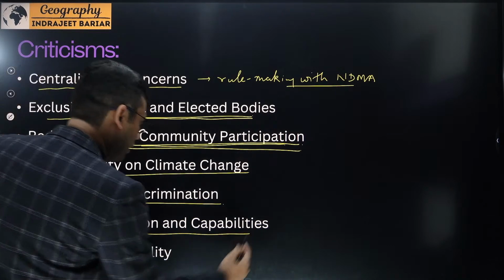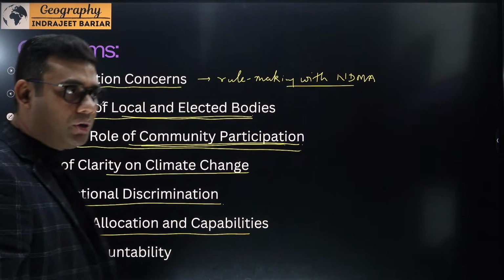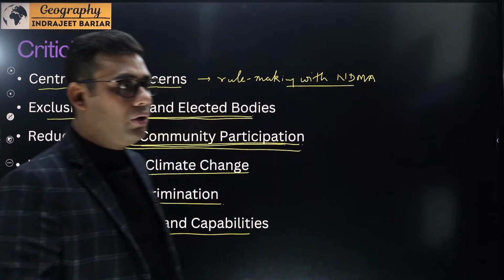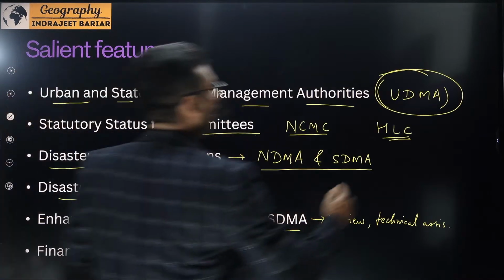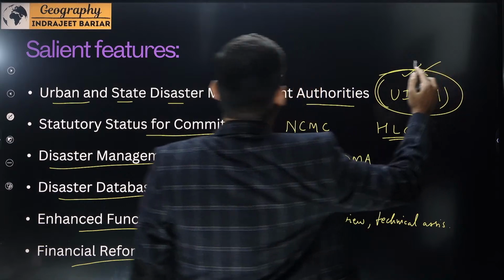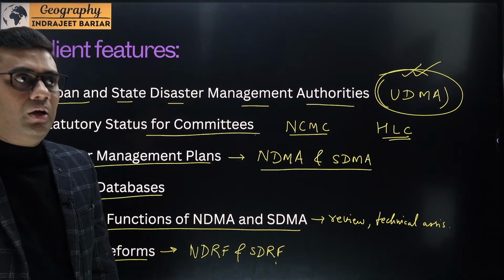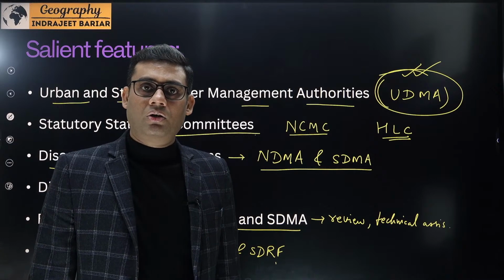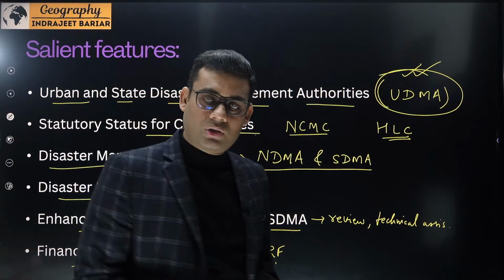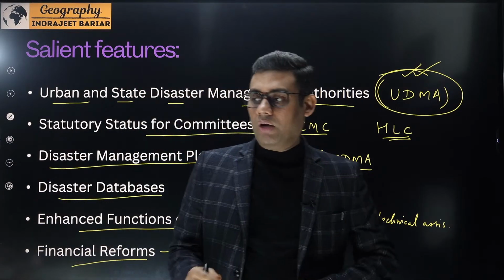Resource allocation and capabilities. This is a very important and interesting point, where although it has been said that we are going to create an urban disaster management authority, the question is, do urban disaster management authorities have that much of resources?